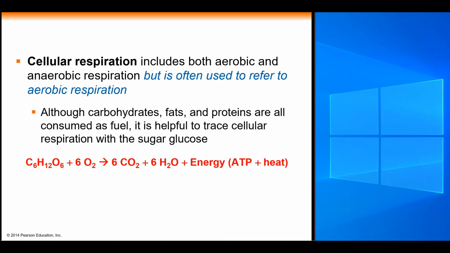But the way that we've started to use this term within the scientific community, when we say cellular respiration, we really mean only aerobic respiration, or that metabolic process which makes ATP through the degradation of carbohydrates in the presence of oxygen. And so I'm going to continue that nomenclature. Whenever I say cellular respiration, think that I mean aerobic respiration. And when we're talking about anaerobic respiration, I will actually say anaerobic respiration.